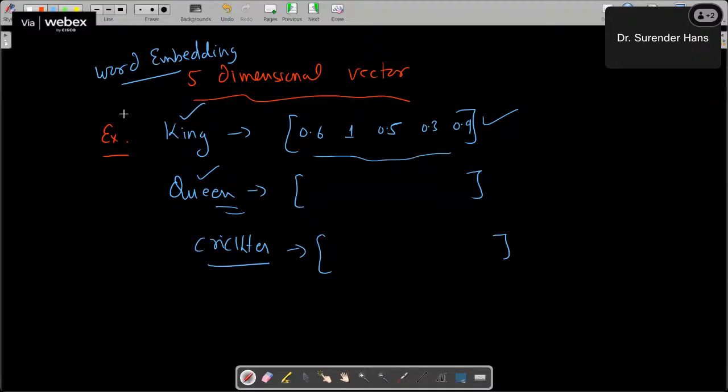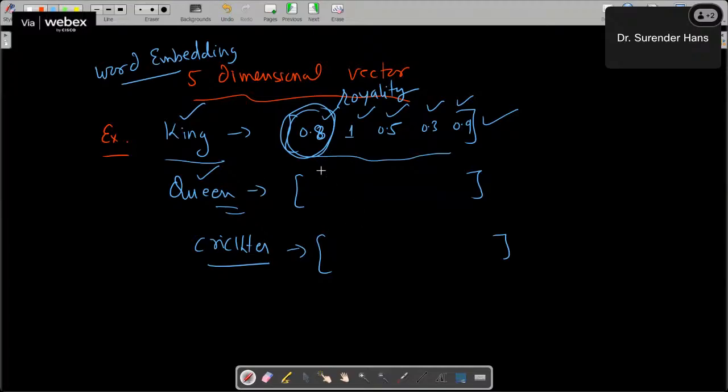Let's go into more detail of this word embedding. Every dimension reveals some aspect of your word. For example, the first dimension may represent royalty. Obviously, for king this factor should be high, let's say 0.8.